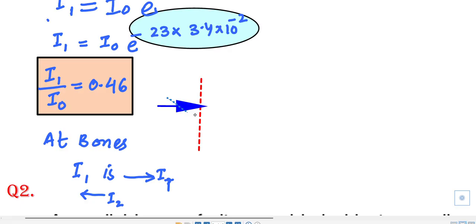Sorry, this arrow is a little bit big, so I have to use it here. Out of this some is reflected back, sorry, not transmitted back, some is reflected back. Let me draw that with the help of an arrow. This is reflected, which is I2, because incident was I1, and rest is transmitted.